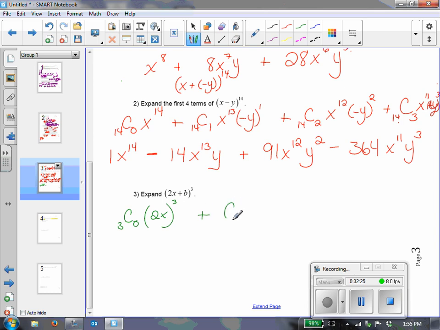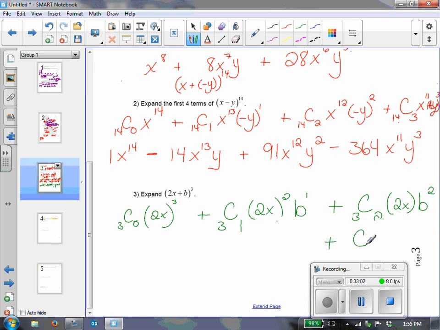My next one is going to be 3 choose 1. My first term is now going to be squared. My second term is going to be to the exponent 1. My next coefficient is 3 choose 2, and I've run out of room, so I'm just going to put it down here.